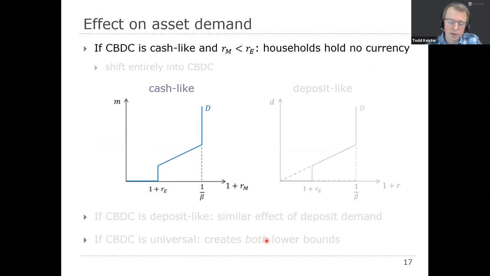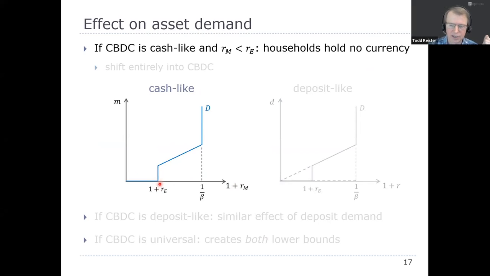Okay, first, in the model, think about a buyer who is making a portfolio choice in the centralized market. How does the digital currency affect their demand for the existing assets? Well, if I'm a cash buyer, and if the currency has these cash-like features, what it's going to do is just put a lower bound on the interest rate on my demand for cash, right?